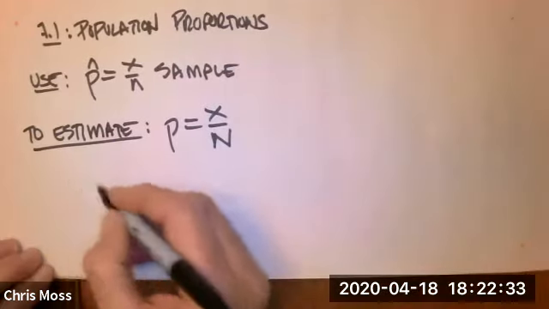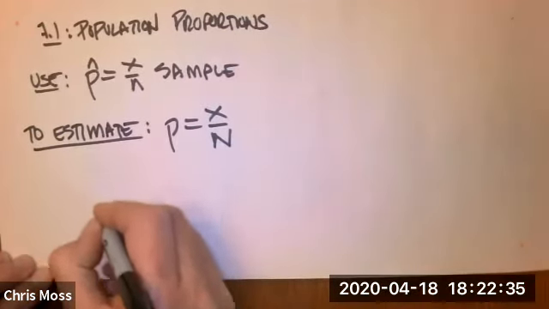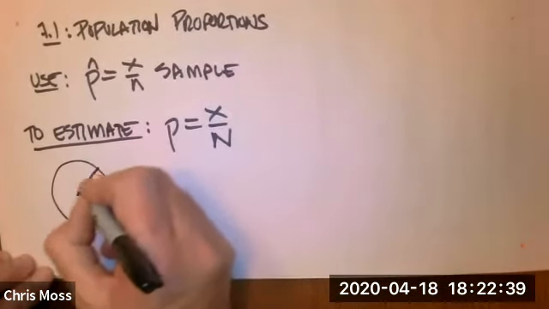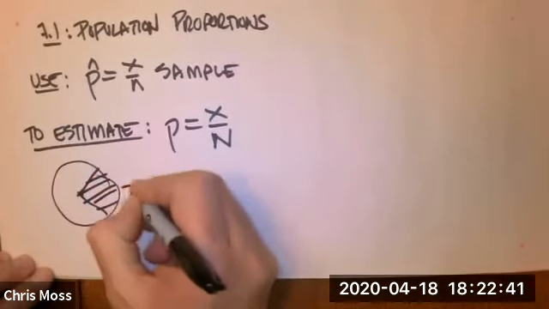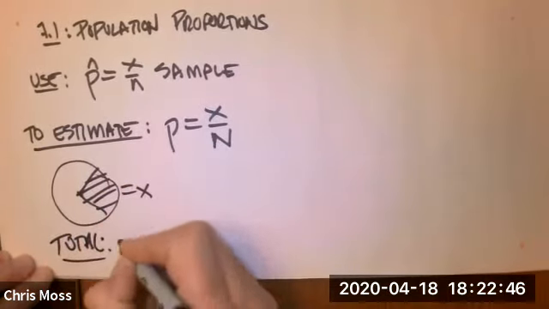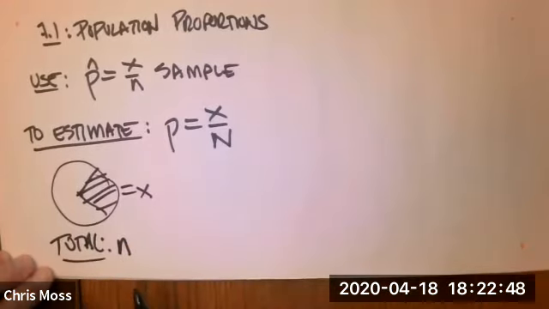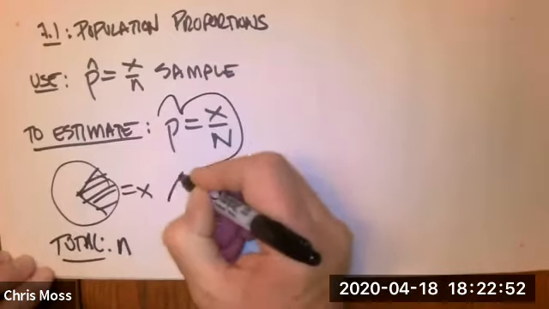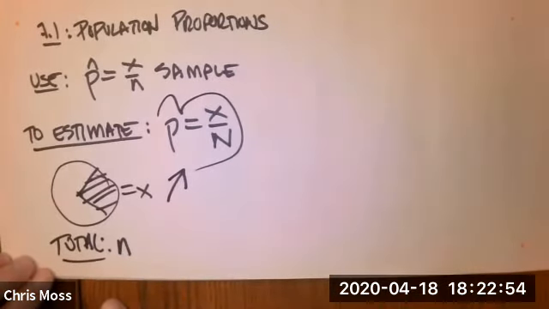In terms of a picture, I like a pie chart for this one here. We have a total of n observations. We're going to use that to estimate our population proportion. Why do we do that? When do we do that?